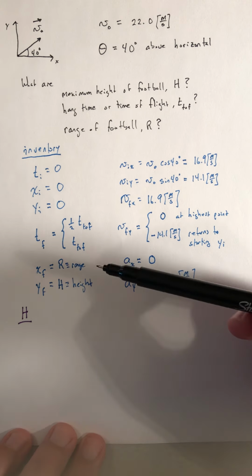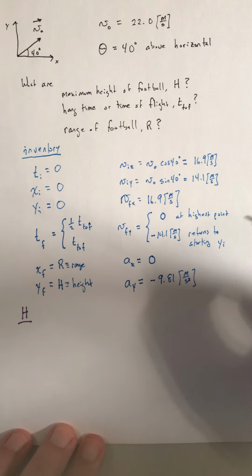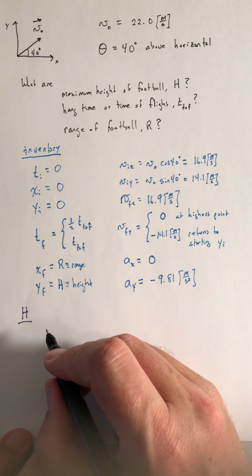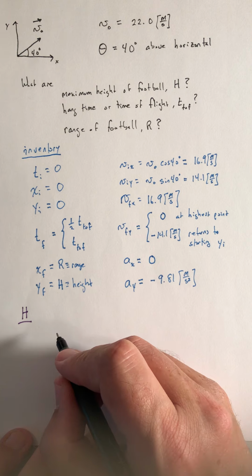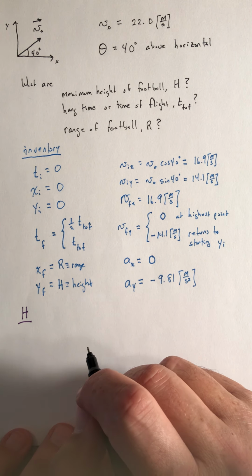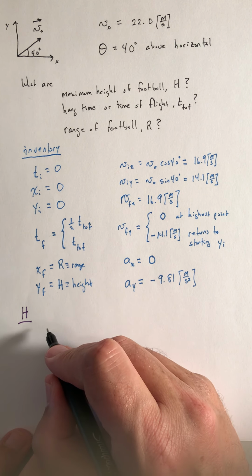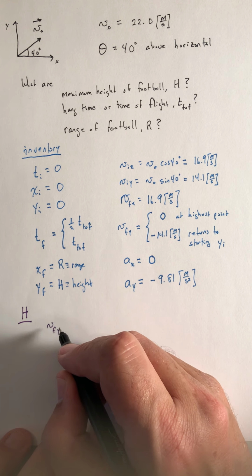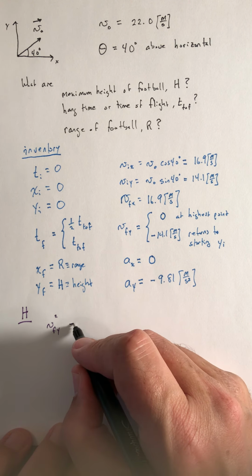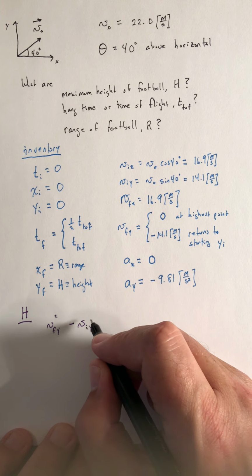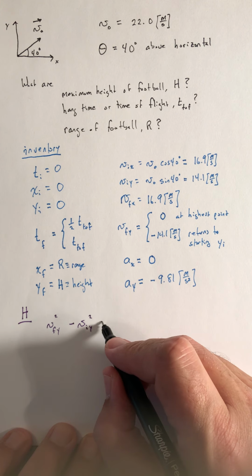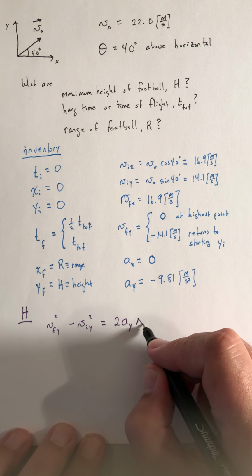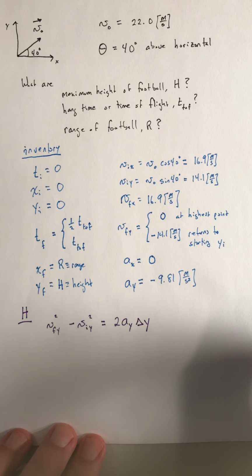If I want to find y final without knowing anything about the time yet, I'm going to use our fourth equation of kinematics, but just along the y direction. So v final y squared minus v initial y squared is going to be 2 acceleration along y delta y.